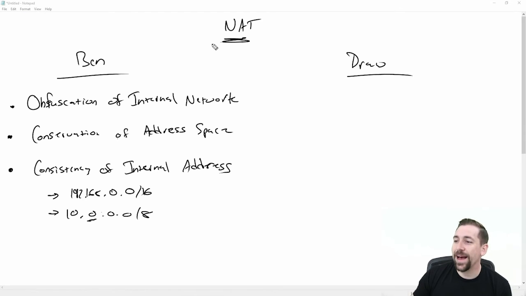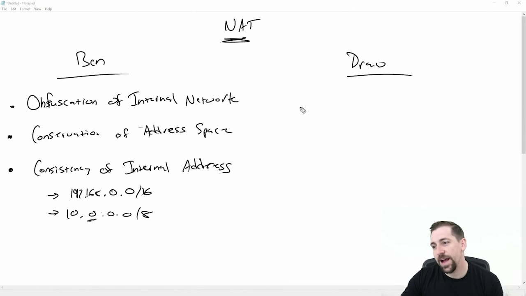Drawbacks. There could be a drawback in terms of obfuscating the internal network. I would say one of the primary drawbacks is lack of end-to-end connectivity, lack of end-to-end consistency.